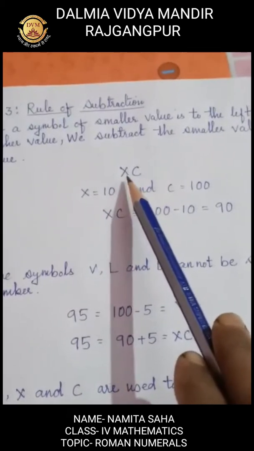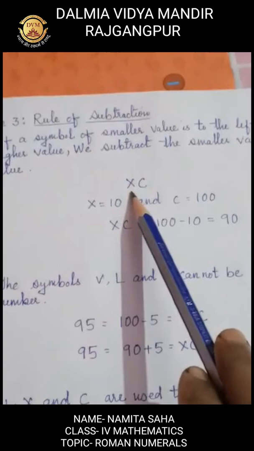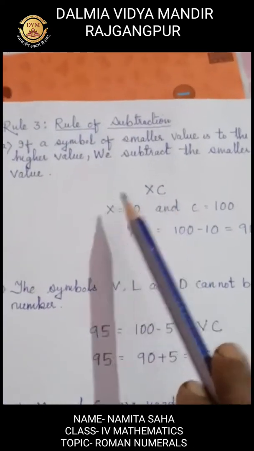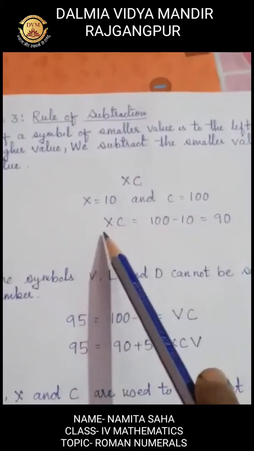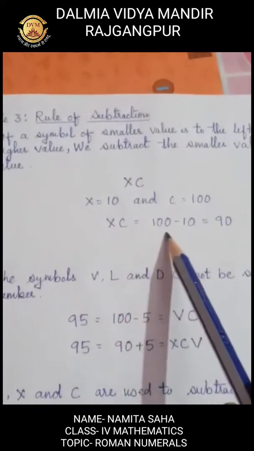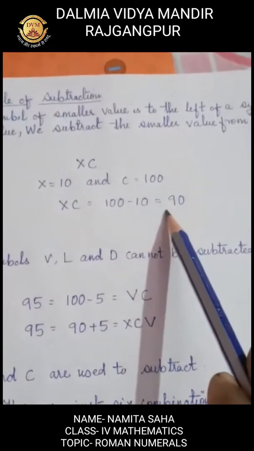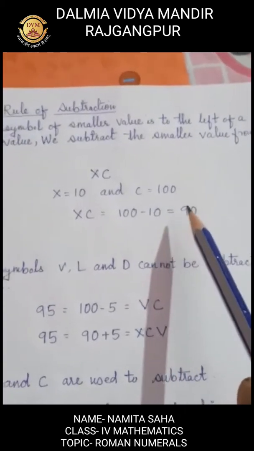Here two symbols are used, X and C. C is the higher value and X is the smaller value which is present to the left of the higher value. X equals 10 and C equals 100. So XC can be written as 100 minus 10 and this gives us the Hindu-Arabic number 90.